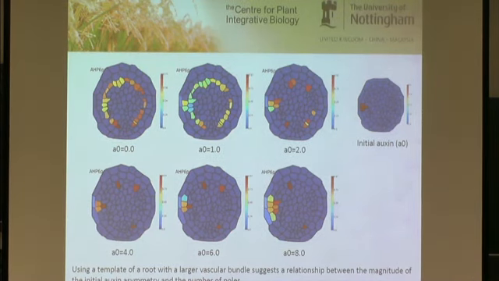We're now going to try, and to repeat, this is all very preliminary, to understand what happens if you make the root cross-section larger, so different plant species. The way we've driven this as a computational experiment is to start off essentially with a single pole, so think of it as being driven from a monocot, with some initial level of auxin at this location, and then drive the simulations to steady state with the initial auxin level varying.